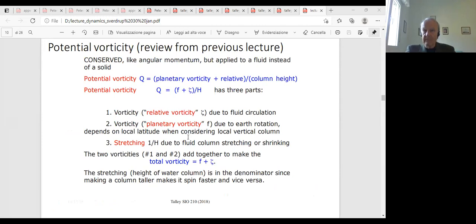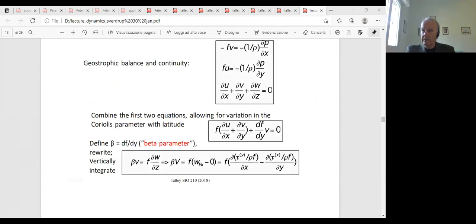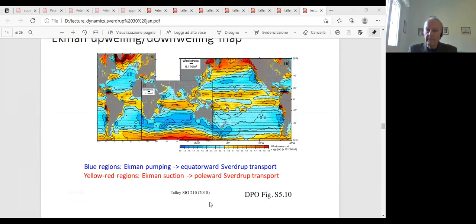We are able also to calculate the Ekman pumping from the equations we already saw before.